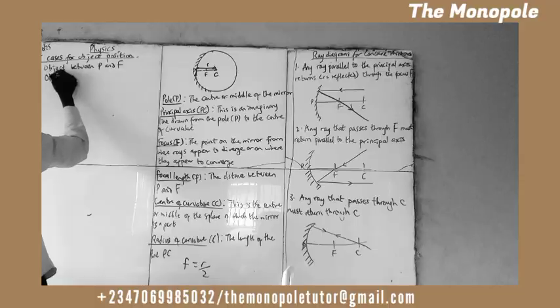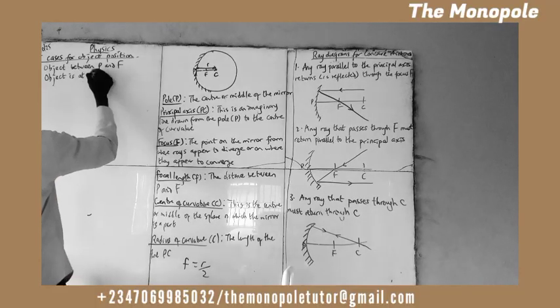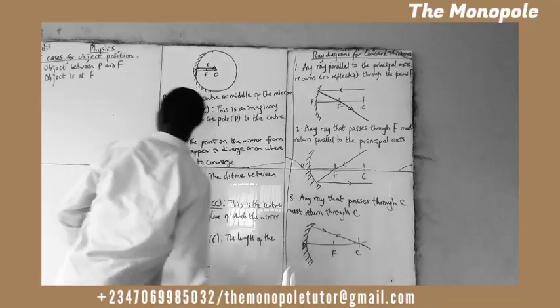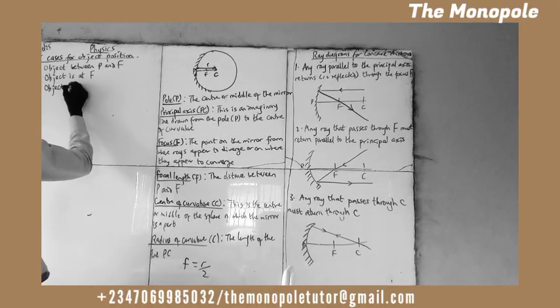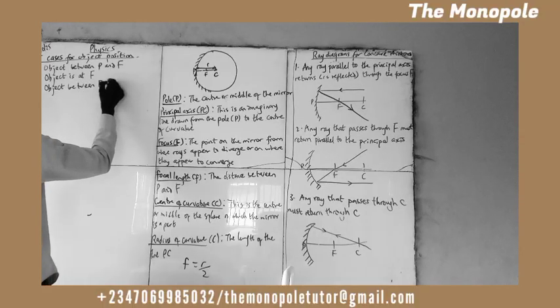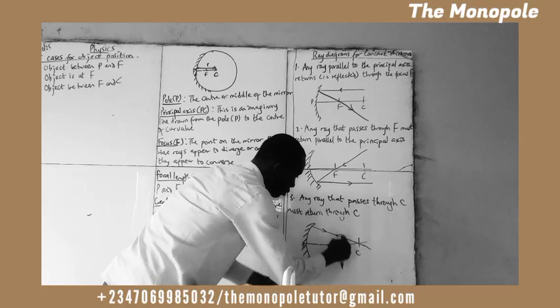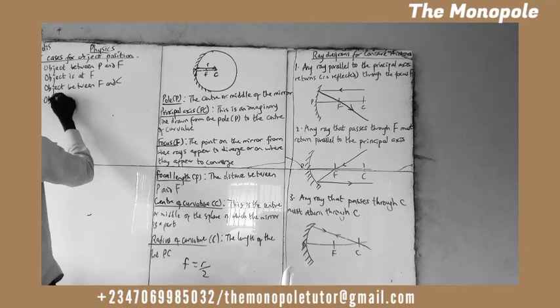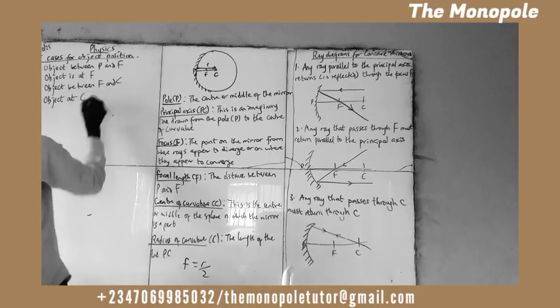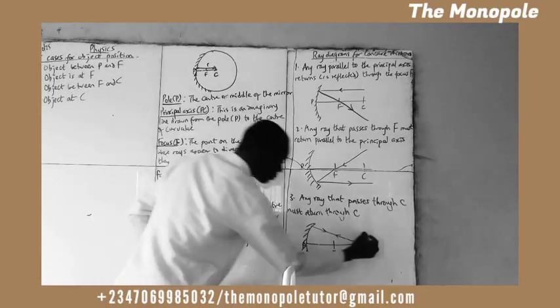Another one is when the object is exactly on F. Number 3 is when the object is between F and C, the focal point and the center of curvature, somewhere here. And number 4 is when the object is at C, the center of curvature. What type of image is going to be formed?